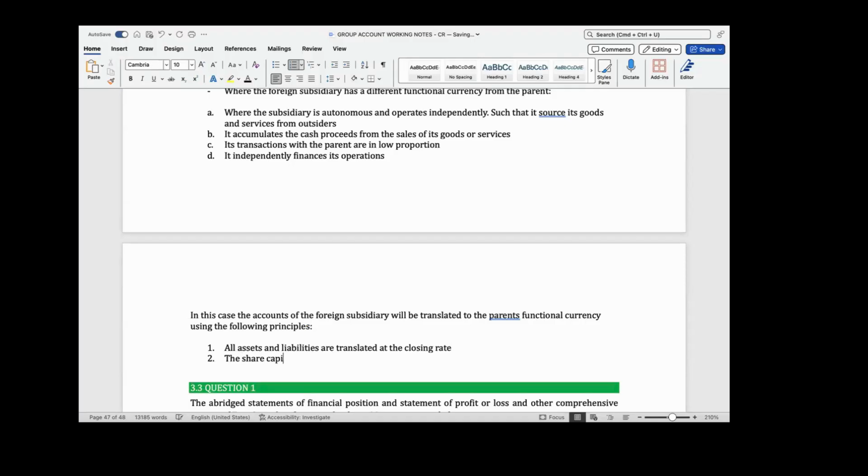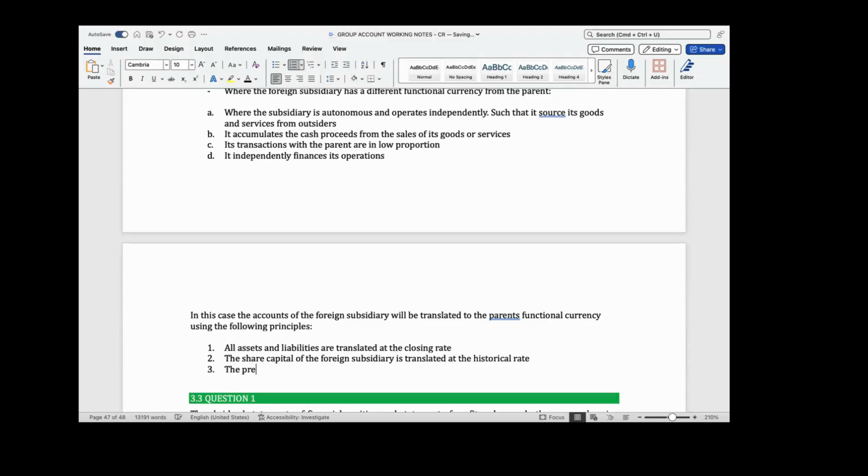The share capital of the foreign subsidiary is translated at the historical rates. The pre-acquisition reserves of the foreign subsidiary is translated at the historical rates.